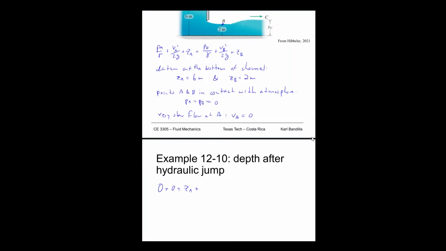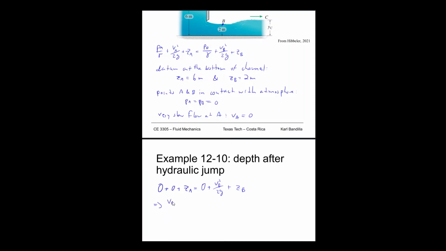Somehow it doesn't want to erase this. Let's erase this directly. So no pressure, plus the velocity is what we want to get, so that's of course still there, over 2g, and then ZB. All right, that's easy to solve for VB, of course.